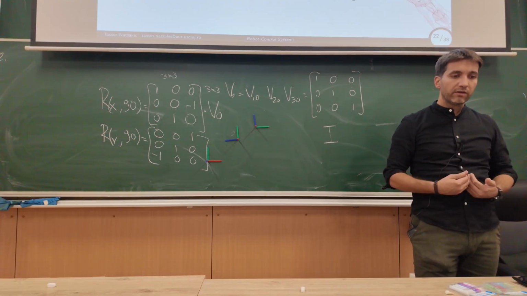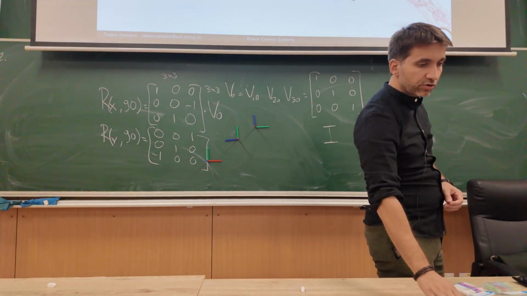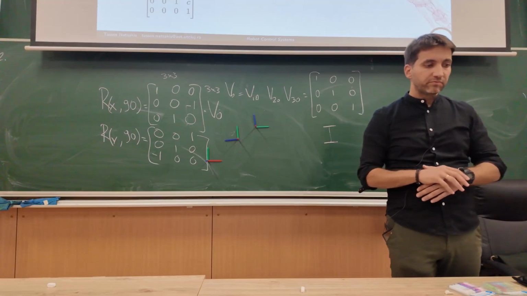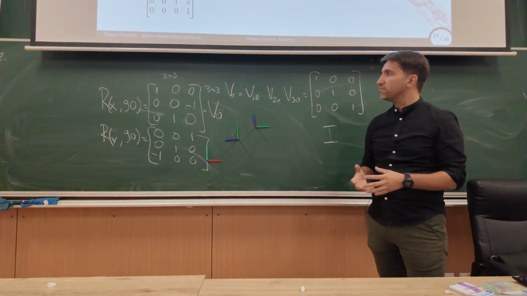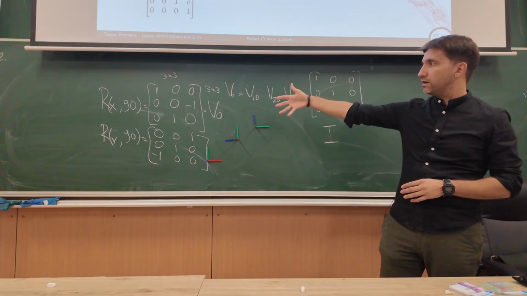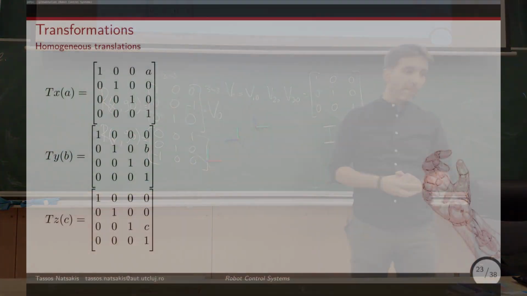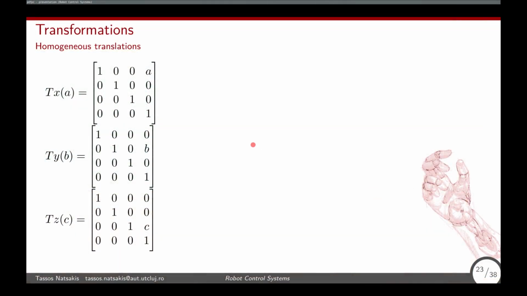Good. And now we can talk about homogeneous translations, which have the same logic as these rotation transformations. The way we express movement is again we use elementary translations along the three axes, along the x-axis, the y and z, and basically the form of these matrices is like this.